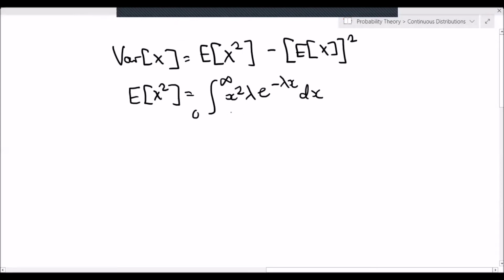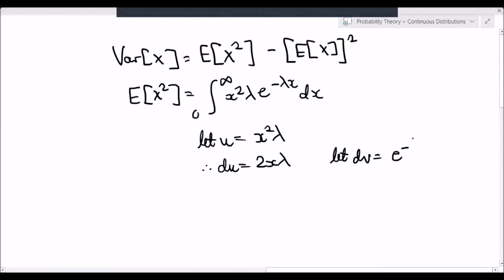So let's write this down. We let u be equal to x squared lambda. That implies that du is going to be 2x lambda. We let dv be equal to e to the negative lambda x. That means v is going to be e to the negative lambda x divided by negative lambda.